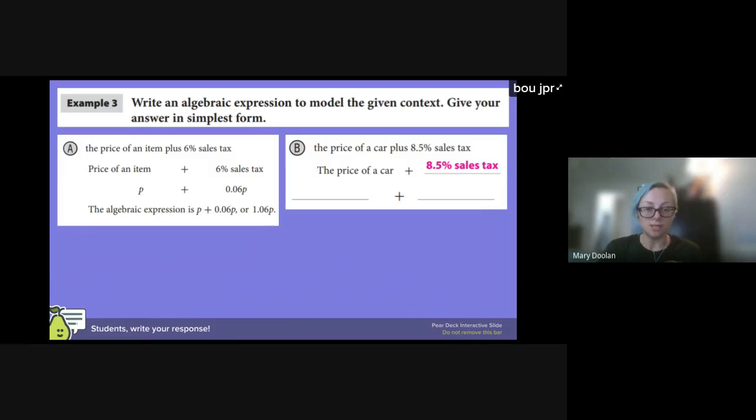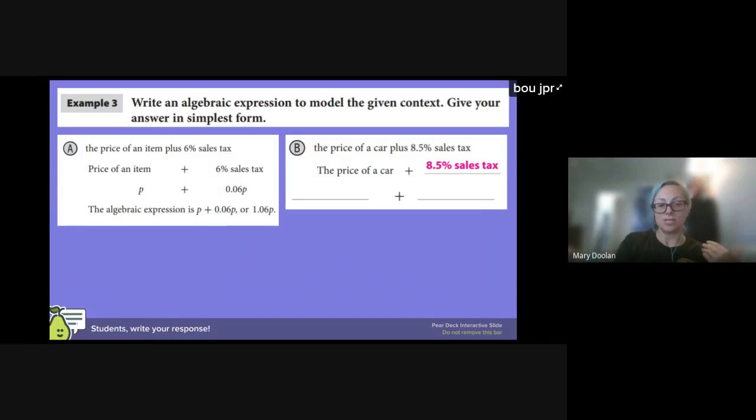So when you do sales tax, you have to understand that that 6% is of the sell price. So 6% of the sell price, of means to multiply. So how do you multiply 6% of our variable P? Well, you have to change 6% into a decimal. You can also think of it as per 100. 6%, 6 per 100, 6 hundredths.